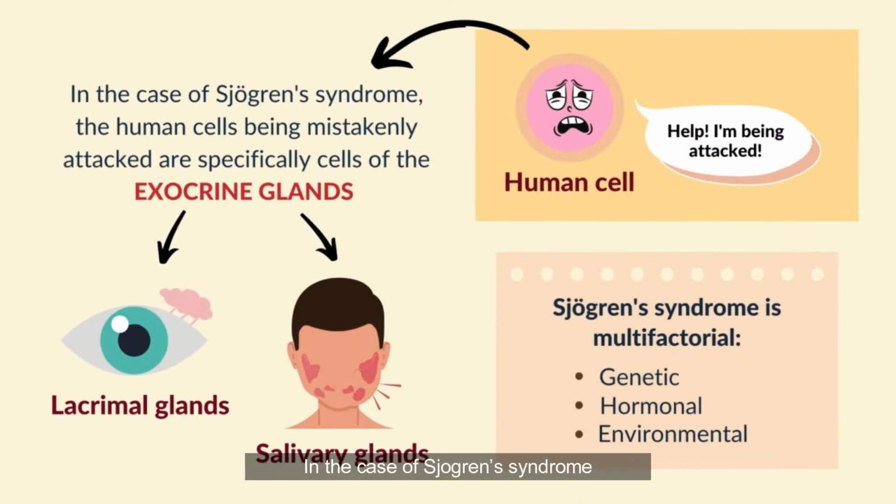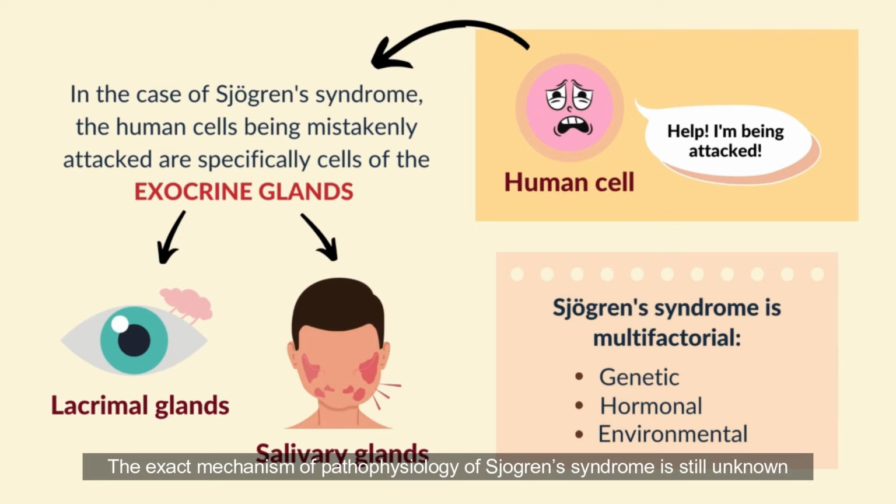In the case of Sjogren's syndrome, the human cells that are being mistakenly attacked are specifically cells of the exocrine glands, such as lacrimal glands and salivary glands. Attacking the cells of these two glands reduces production of tears and saliva, leading to dry eyes and dry mouth.